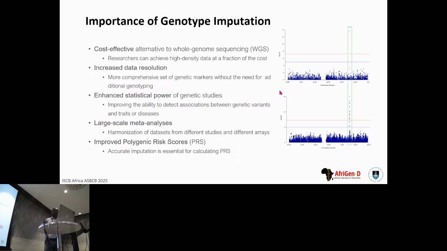And it's also been used in meta-analysis when you're trying to combine different studies based on different technologies or populations. You can use this technique to do that. And also recently with the polygenic risk score calculations, this technique is also being used to improve the accuracy of your scores.